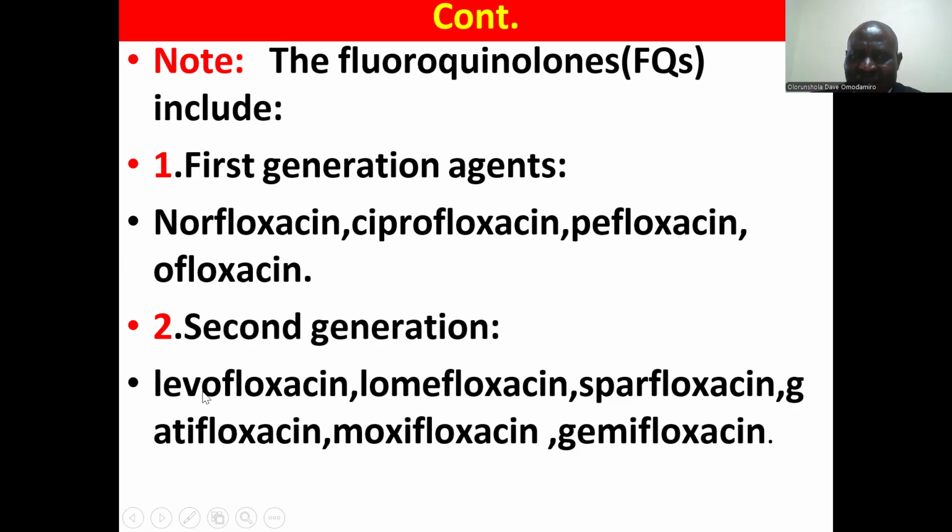And then the second generation: levofloxacin, lomefloxacin, sparfloxacin, gatifloxacin, moxifloxacin, and gemifloxacin. They are the second generation of fluoroquinolone.